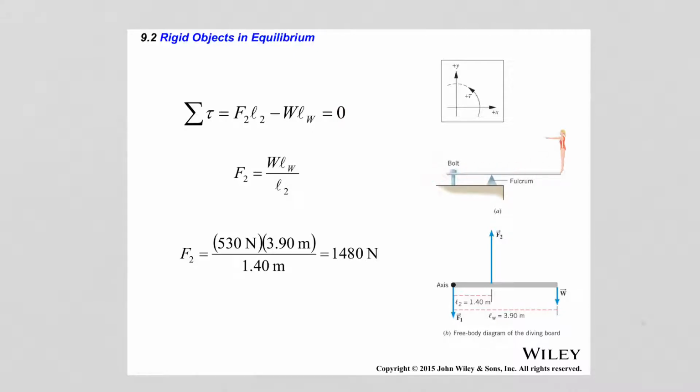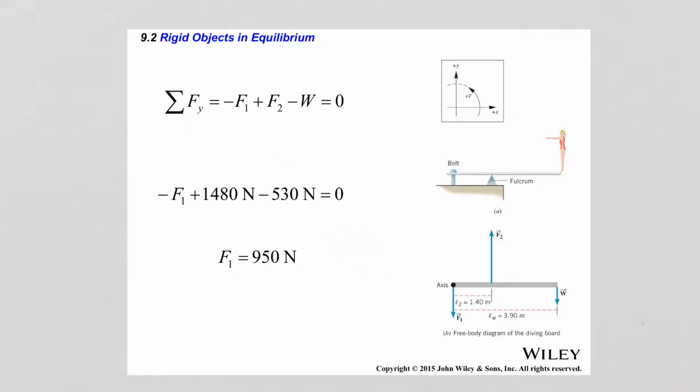It's in equilibrium. From here I solve for the force F2, substitute the values that I know, and it turns out that force F2 is equal to 1,480 newtons. So I know the weight of the woman and I found force F2. What's left to find is force F1. I will find the force from the equation for the net force in the y direction.